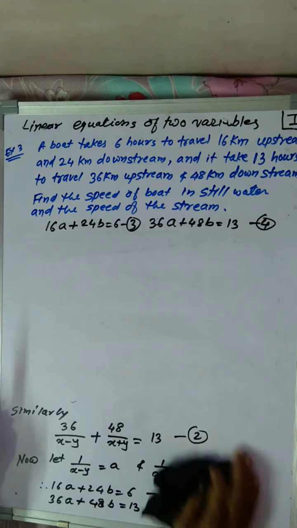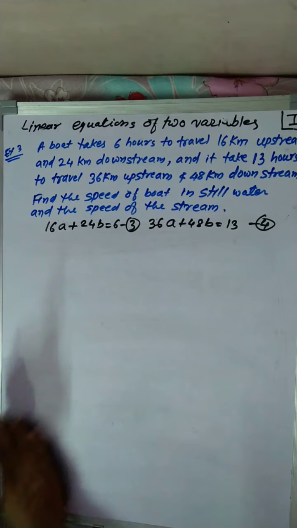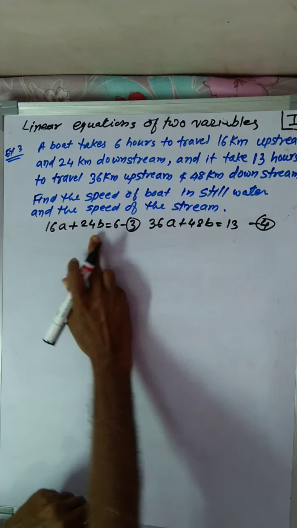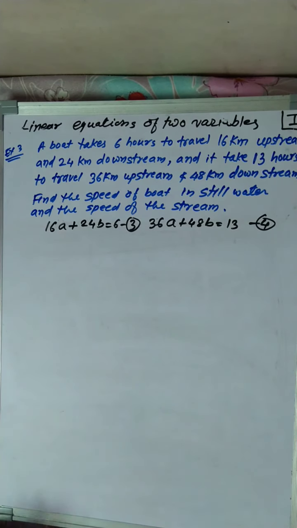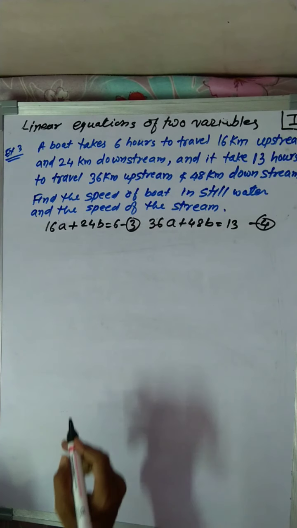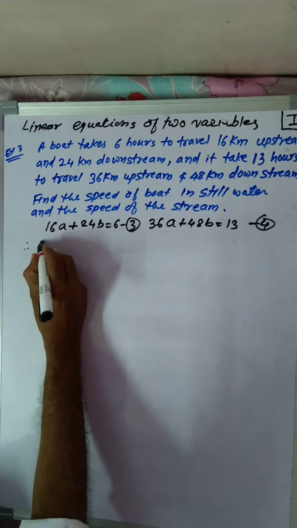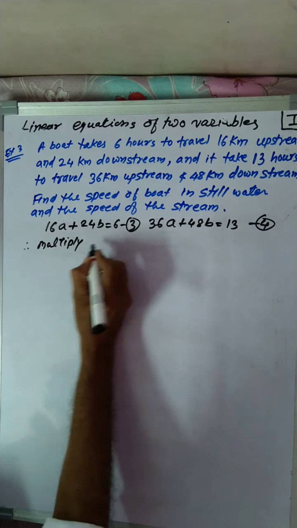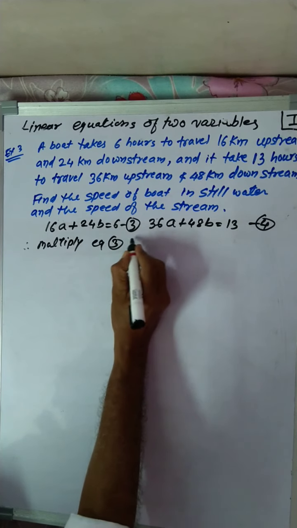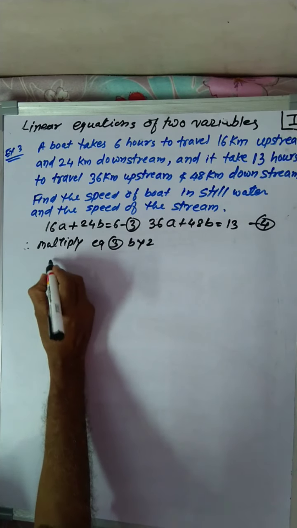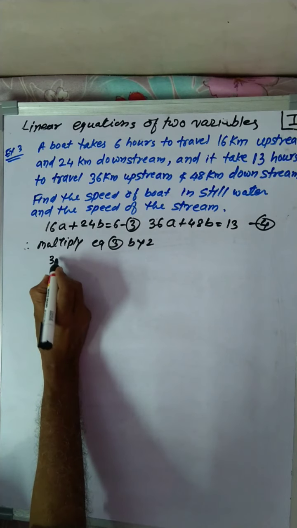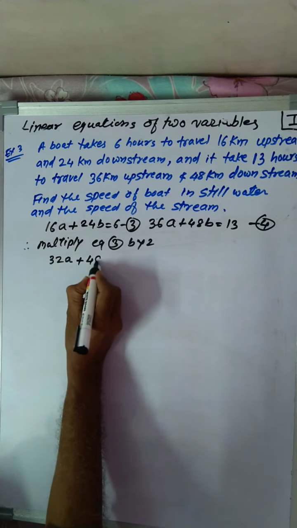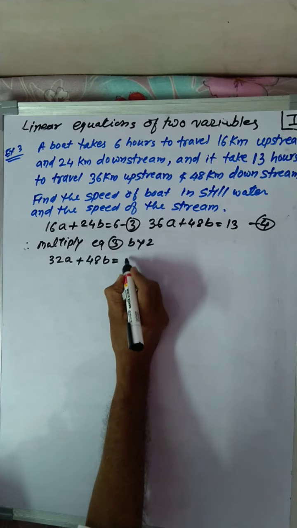For this, if we multiply the third equation by 2, we get 48b, which means the coefficients become equal. Therefore, multiplying equation 3 by 2, we get 32a plus 48b is equal to 12.